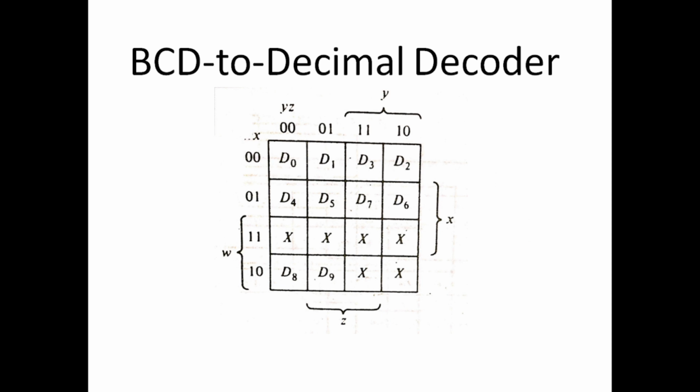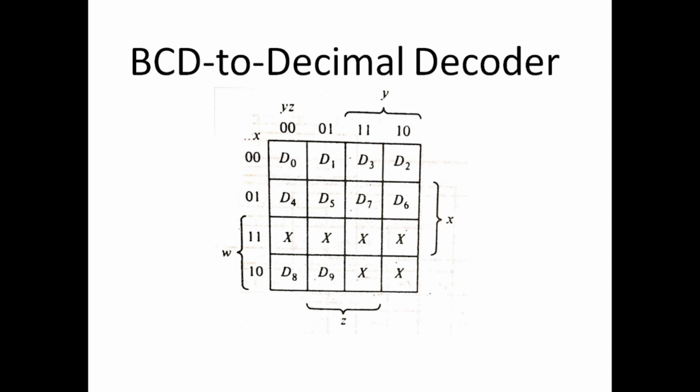Now, the decoder is a very important circuit, and it has been used in many applications. Here I give a simple example where a BCD-to-decimal decoder is designed. This decoder would get a BCD digit encoded in the BCD code, and it will give us a decimal digit.